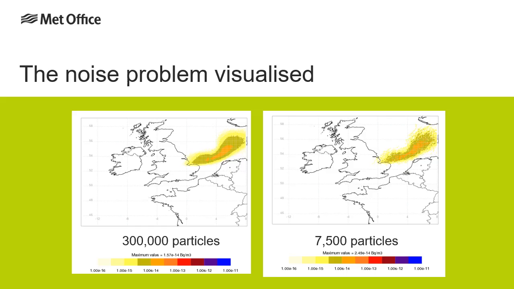On the plot on the left-hand side, we have released 300,000 particles, and the resulting concentration fields are smooth. Whilst on the right-hand side, we've released just 7,500 particles, and the concentration field is quite noisy. This tells us that we haven't released enough particles.